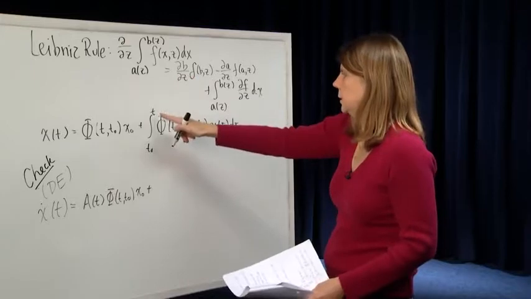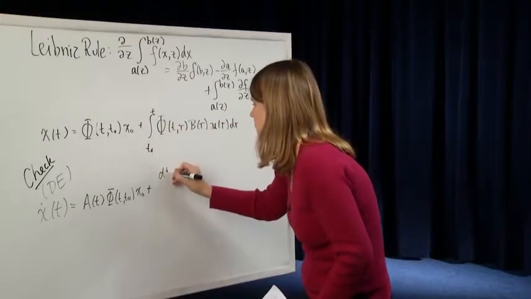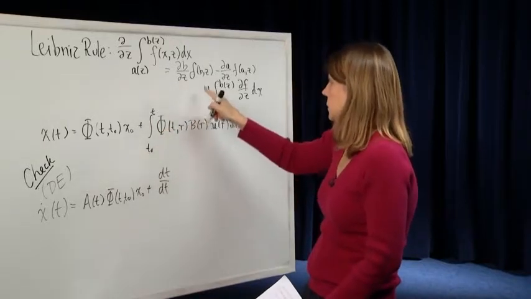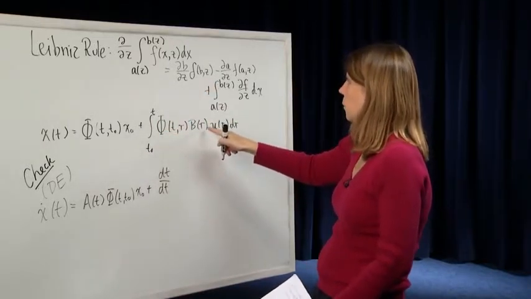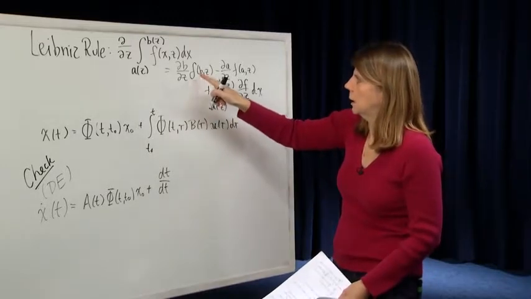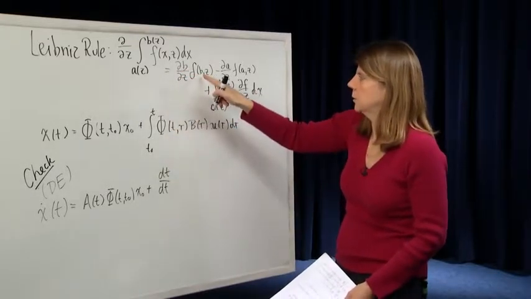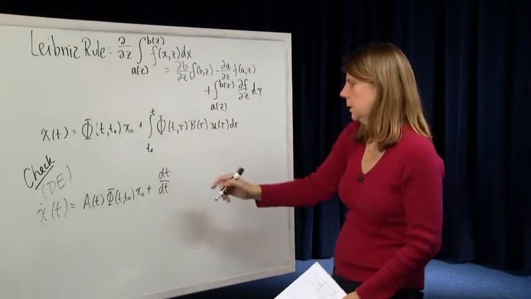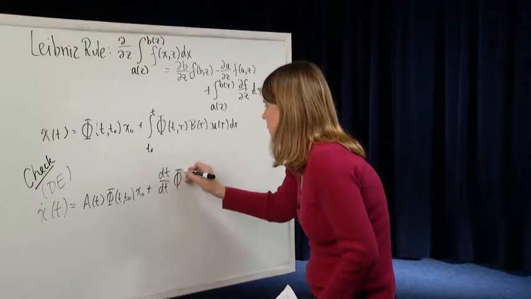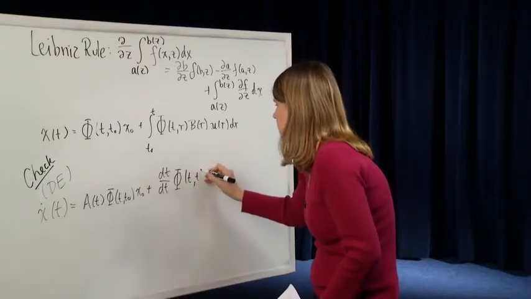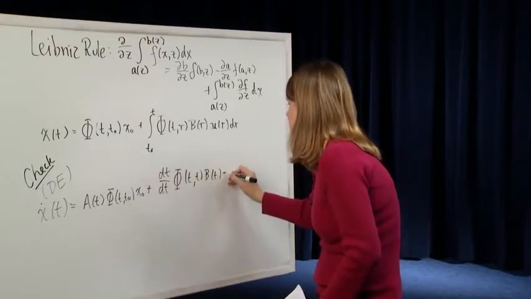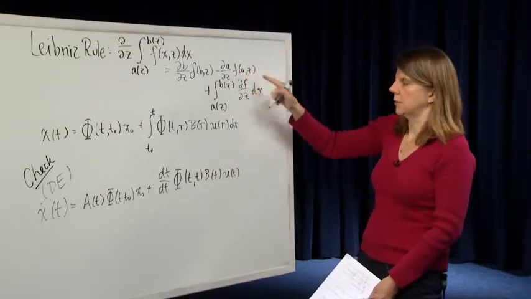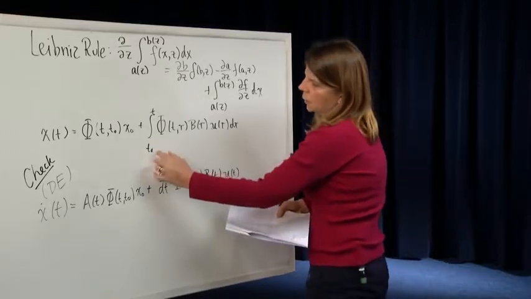So the first term is dt by dt, which is just equal to 1, but we'll write it down, times f, wherever we see the value tau, we plug in the upper limit t. So it's going to be phi of t comma t, b of t, u of t, minus da by dz times f of a, z.